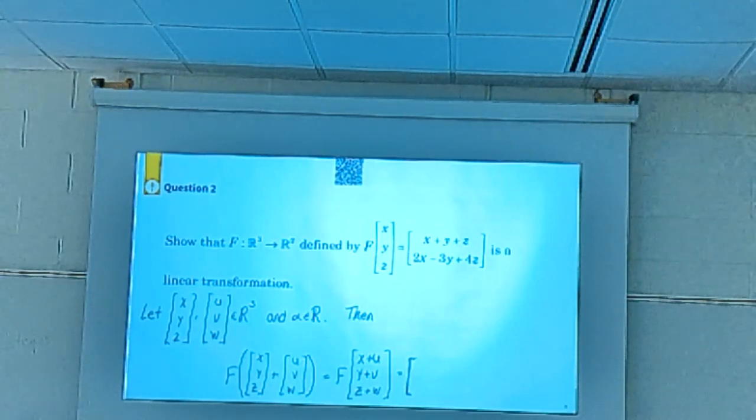The transformation says, for the first component, it's the sum of the three. Now for that second one.